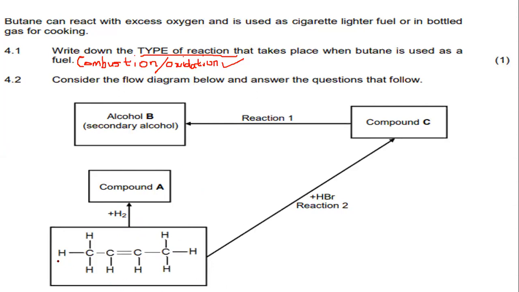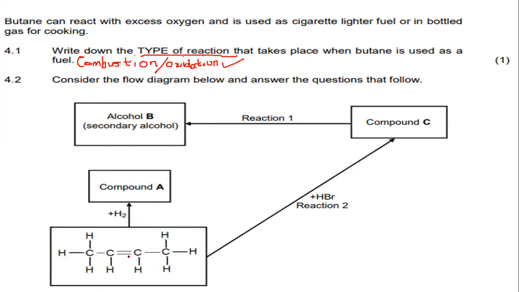Now, let us look at reaction 2 in particular. There I have a molecule, and this molecule, we can actually try and give it an IUPAC name, right? Now, if we want to give it an IUPAC name, then I'm first going to figure out the parent chain.